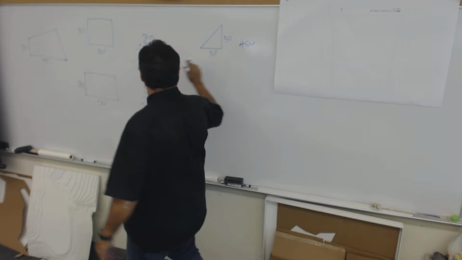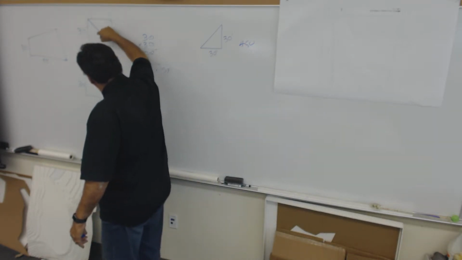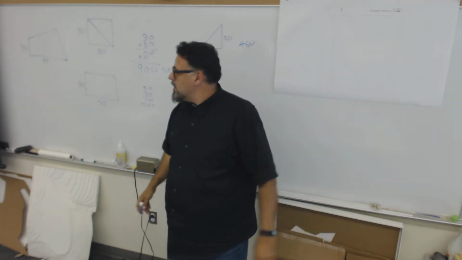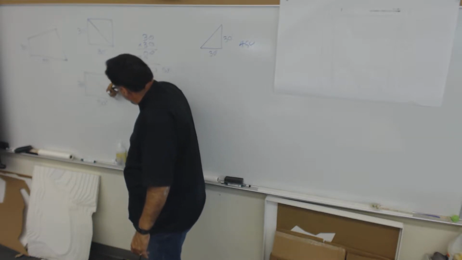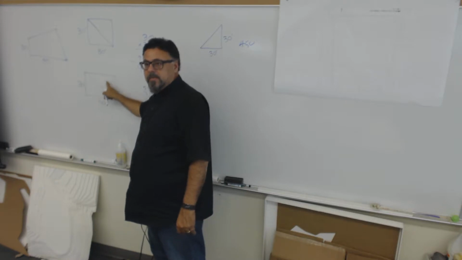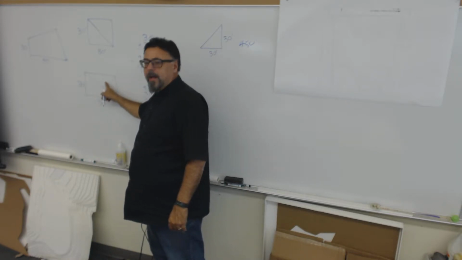Right, so 30 by 30, basically that is half of it. Same thing here, 30 by 50, divided in half. This triangle is the same size as that one, so this is half of that.